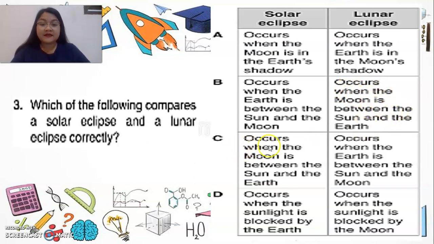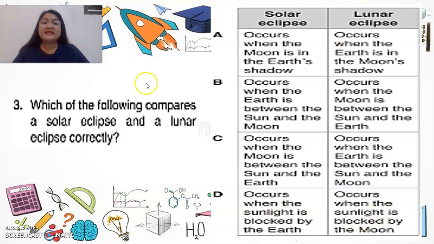Letter C. Solar eclipse occurs when the moon is between the sun and the earth. Lunar eclipse occurs when the earth is between the sun and the moon. Or letter D. Solar eclipse occurs when the sunlight is blocked by the earth. Lunar eclipse occurs when the sunlight is blocked by the moon.